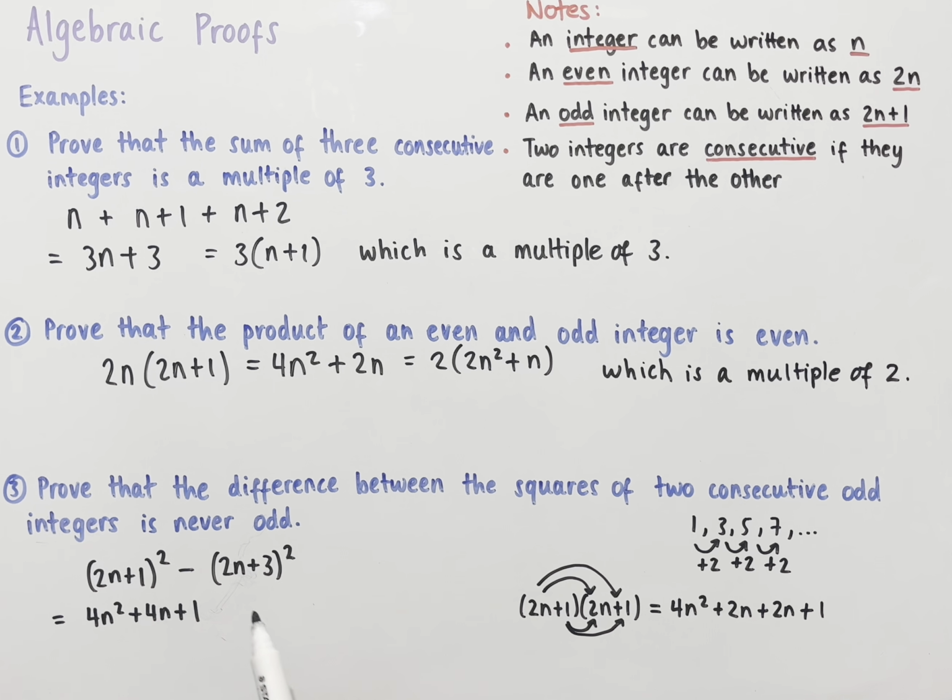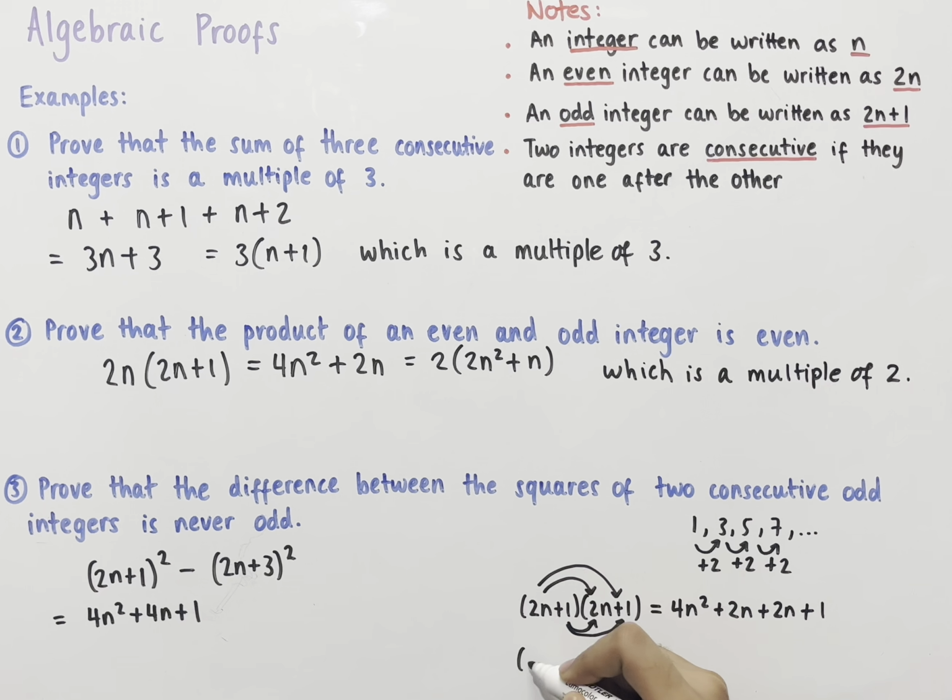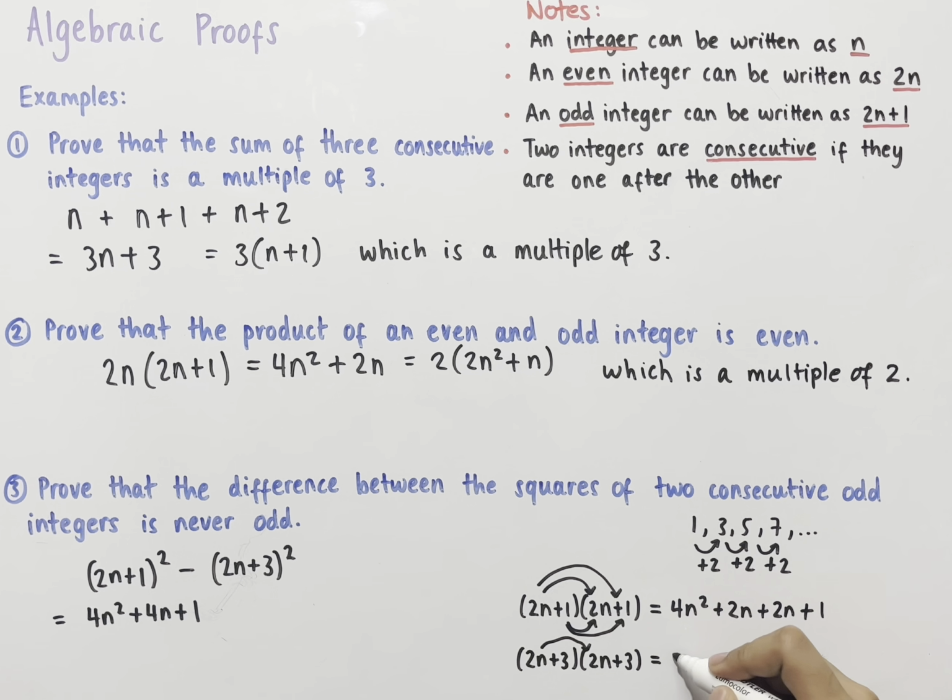Now we need to think about expanding this bracket. 2n plus 3 all squared can be written as 2n plus 3 in brackets, and then 2n plus 3 in brackets again. Expanding this out, we get 2n times 2n, which is 4n squared, 2n times 3, which is 6n, and then 3 times 2n, which is 6n, and then 3 times 3, which is 9.